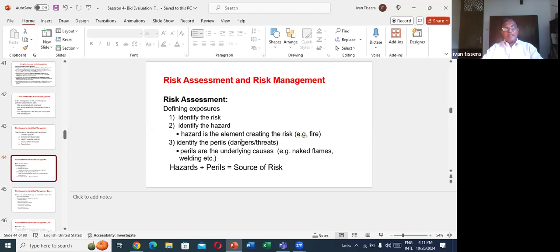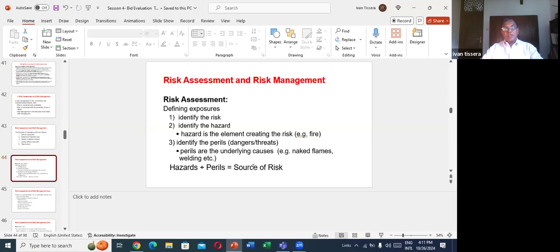Example, fire. Identify the perils. Perils are say dangers or threats. Perils are the underlying causes. Example, flames, welding, etc. Whatever. I don't know. I don't understand this in the welding.